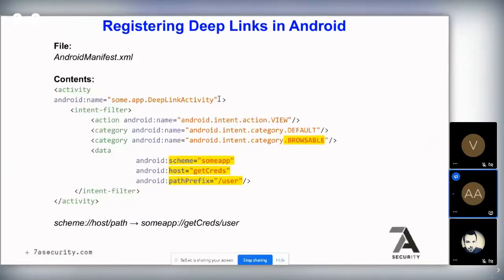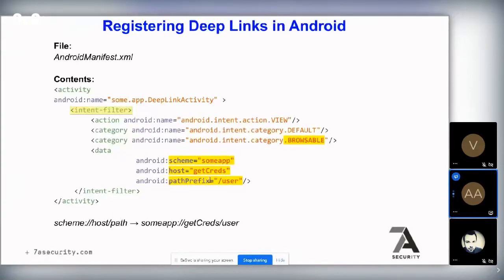So this is because the activity is not explicitly exported, so it doesn't have exported true here, but it has an intent filter. So the intent filter of this activity implicitly exports this activity to other apps on the phone, right? So even if you don't see any exported here, if there's an intent filter, this means that any app installed on the phone can call this activity and try to attack it.